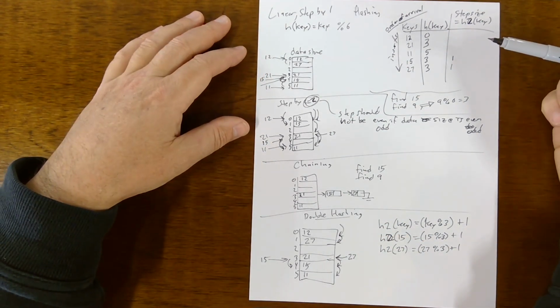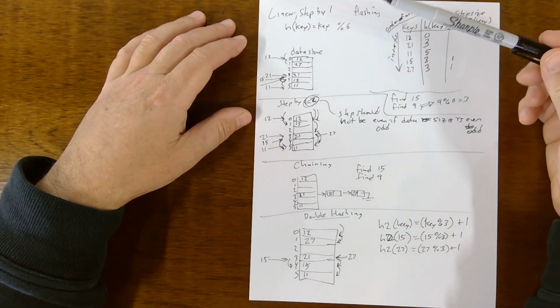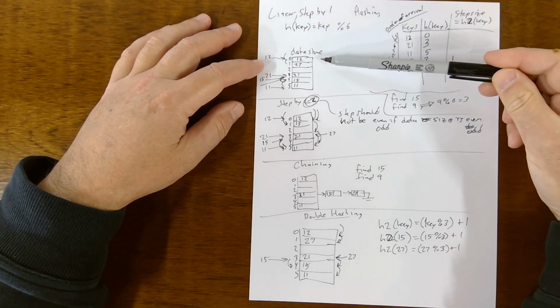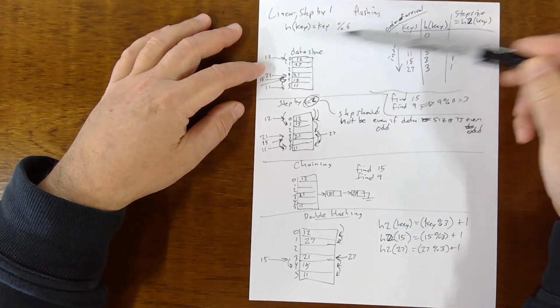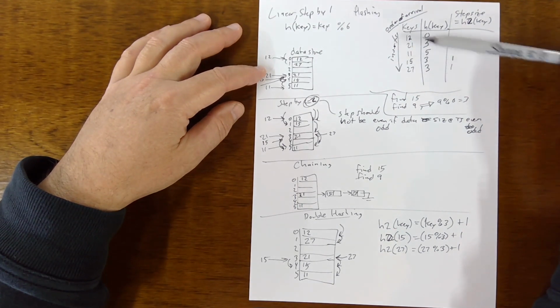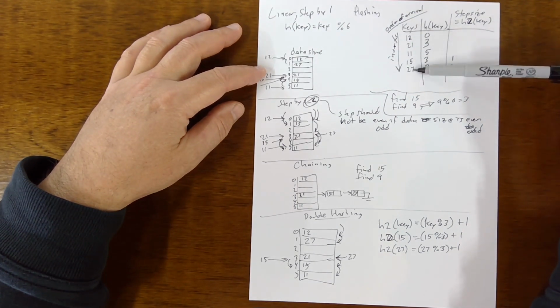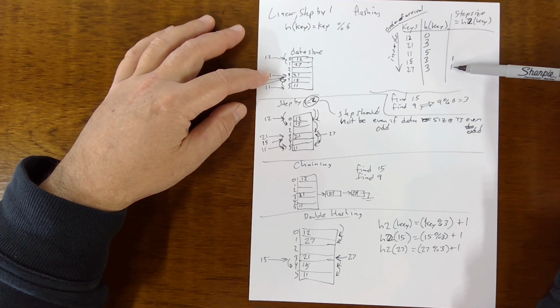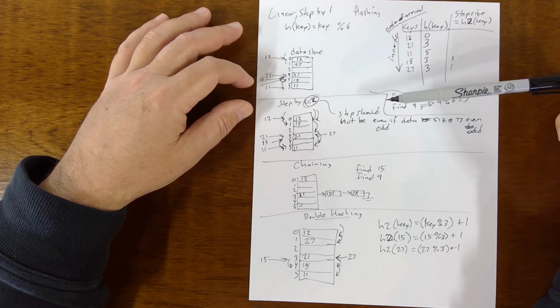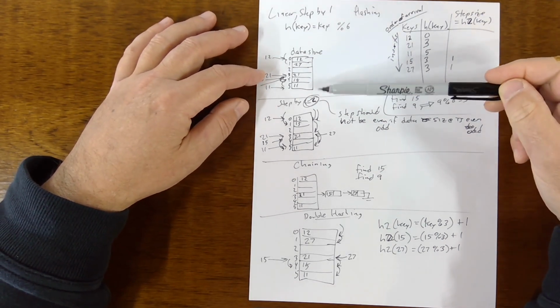So that's hashing with collision resolution. The idea is you're going to get collisions because you don't know what data is going to show up. You can't predict what these keys are going to be. So you just resolve the collision by stepping in different ways.